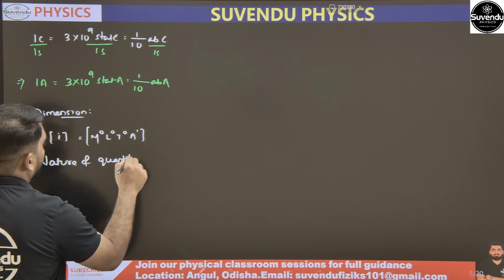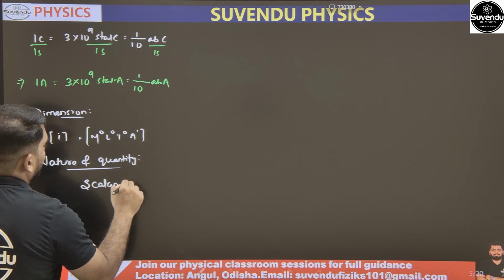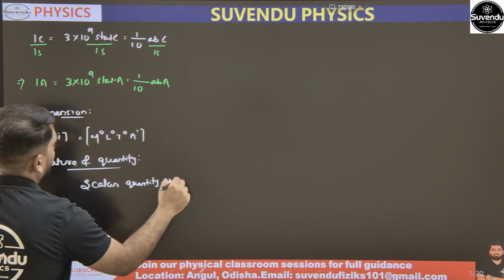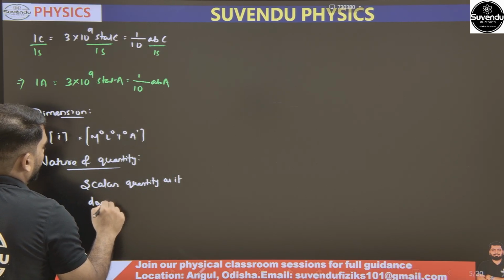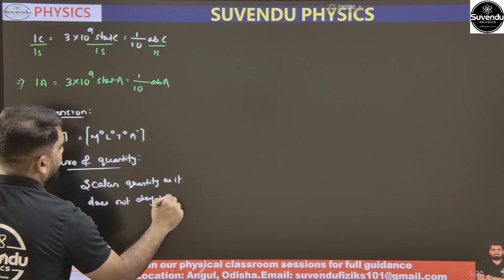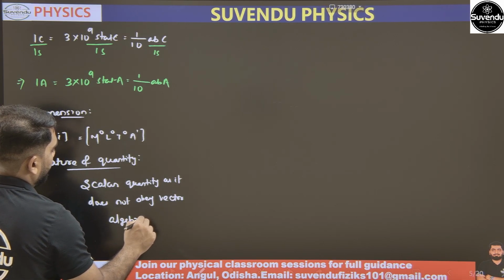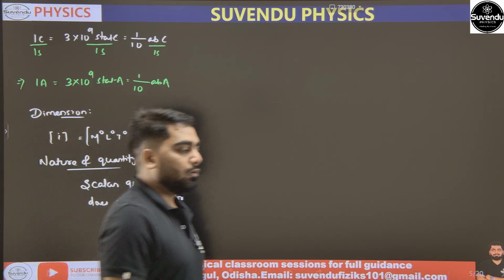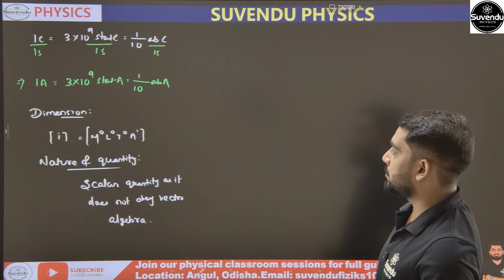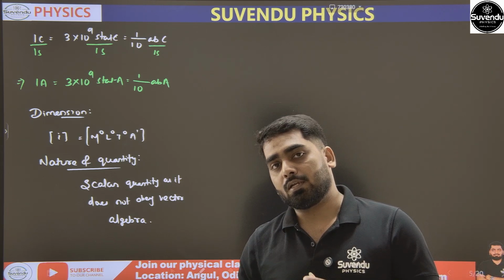Electric current has both magnitude and direction, but it is a scalar quantity. Why is it scalar? As it does not obey vector algebra. I think all this content is clear to all of you. So this is about the nature, dimension and unit of our electric current.